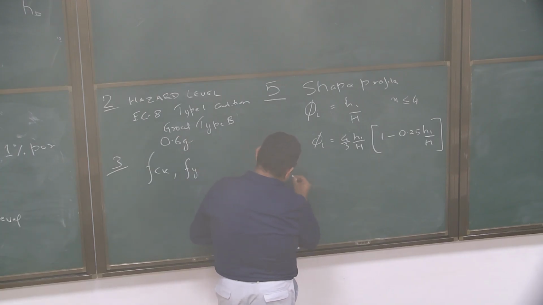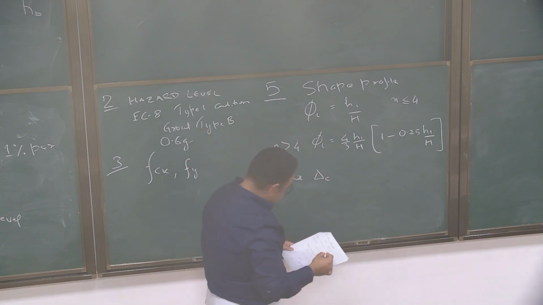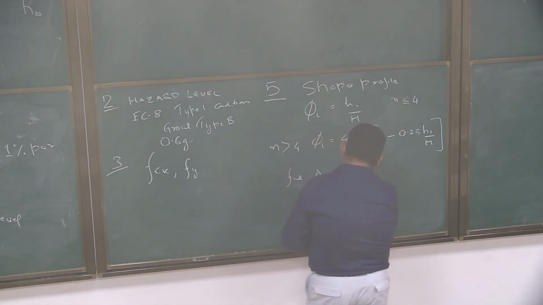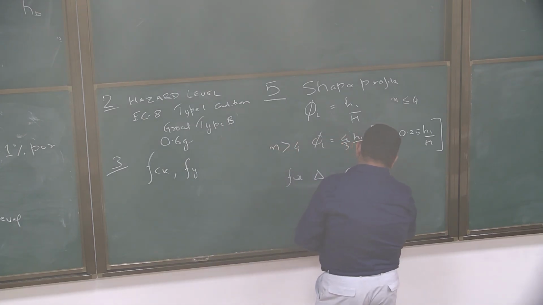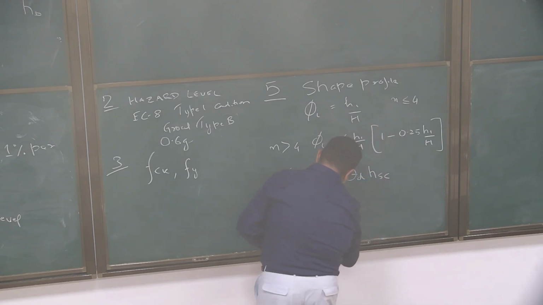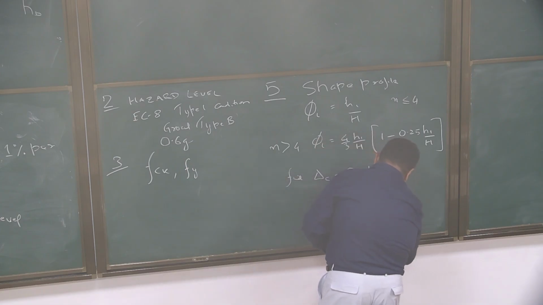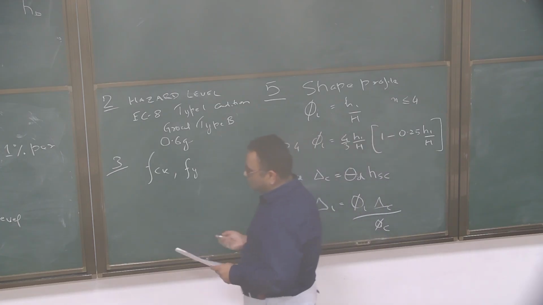Then also you need to find delta C, the displacement of the critical story, which is given by theta D times HSC, and then delta i, as we know, is phi i times delta C.